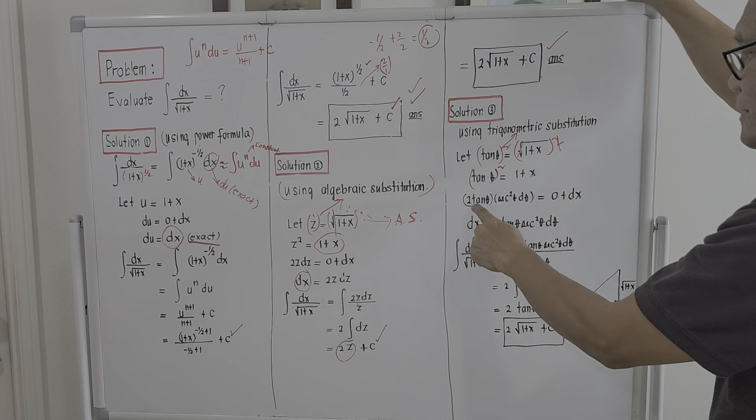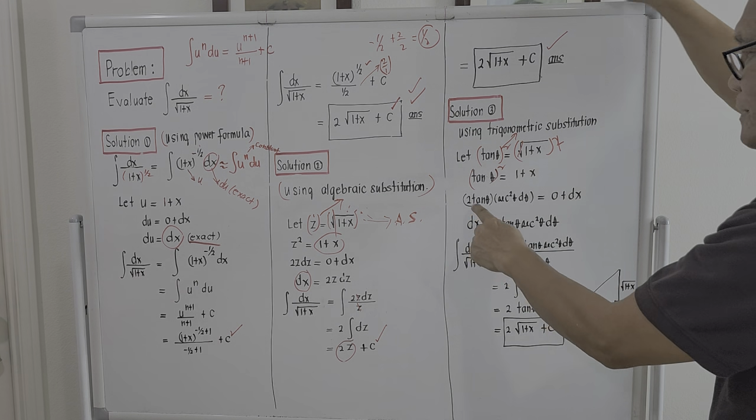And the differential of tangent, this is now memorization. If you cannot memorize, you cannot solve the problem. The differential of tangent is secant square of theta, differential theta. So we use the power formula: 2 tangent of theta, times the differential of tangent of theta, which is secant square of theta, differential theta, equal to the differential of 1, which is 0, and the differential of x, which is dx.